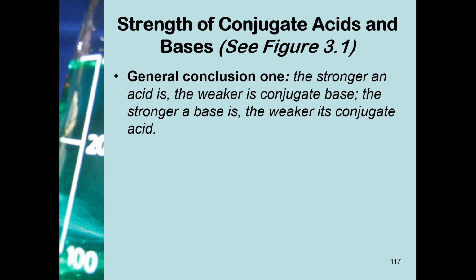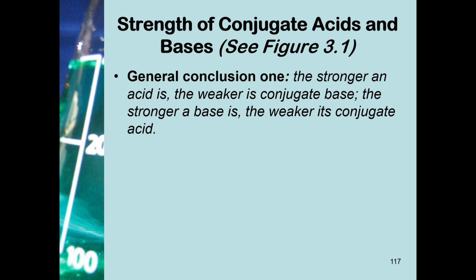So what are some conclusions that we can draw so far? The stronger an acid is, the weaker its conjugate base, and the stronger a base is, the weaker its conjugate acid.